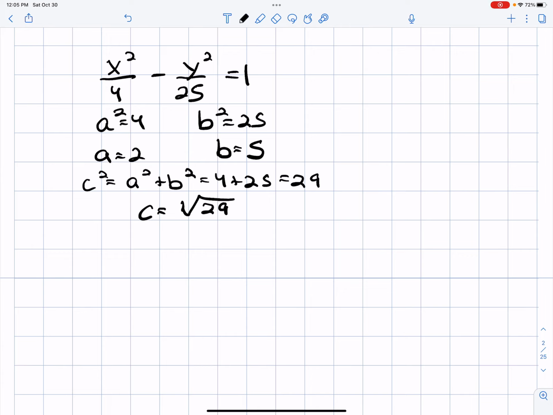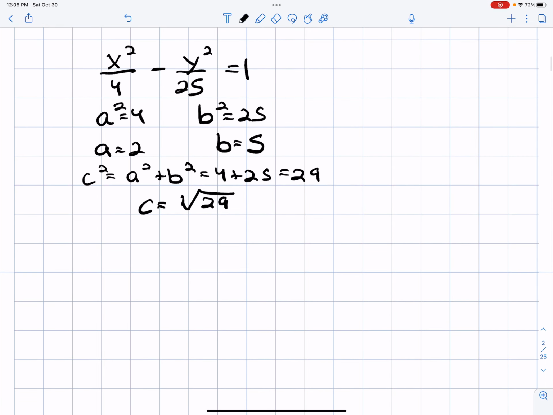So let's see here. Trying to figure out on my grid here where I want to put it, because the foci are going to be kind of far out. All right, I'm going to have to like double up. Okay, so that's what I'll do.